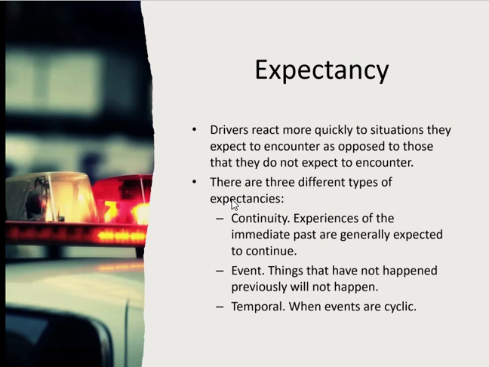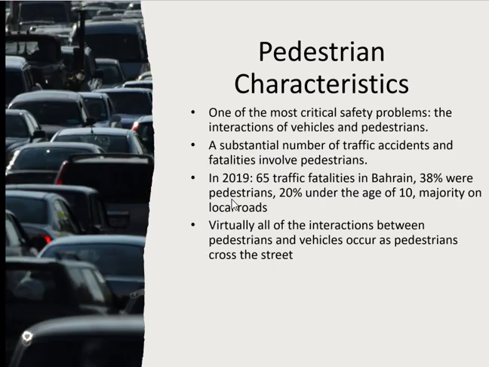I am not expecting continuity, I am not expecting an event, I am expecting a change, but in a cycle: red, then yellow, then green, and so on. I am also expecting the timing: green will be longer, yellow will be shorter, red will be forever. So this is cyclic, this is temporal.